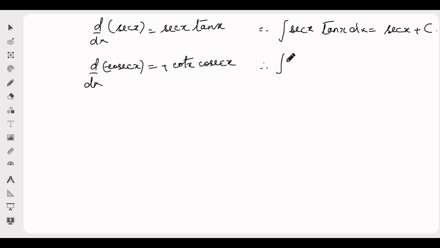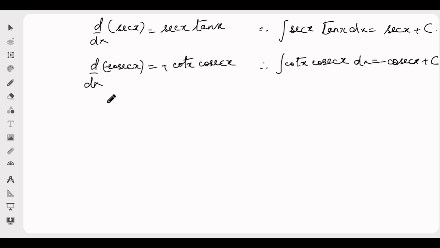Therefore, integral of cot x cosec x is equal to minus cosec x plus c.